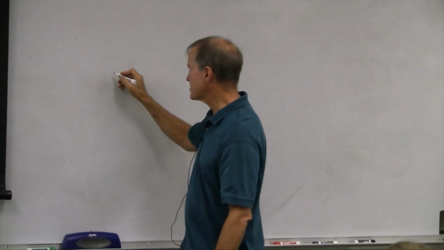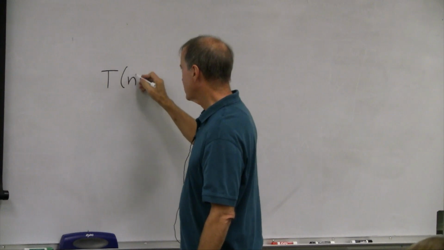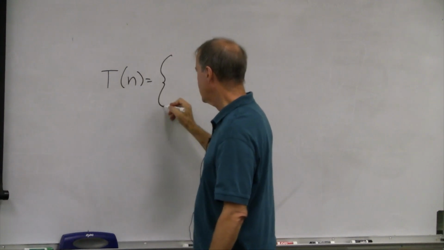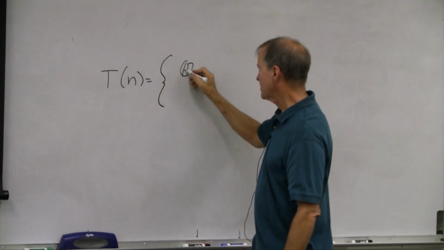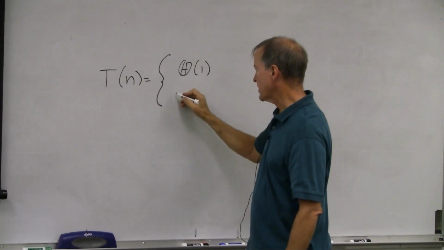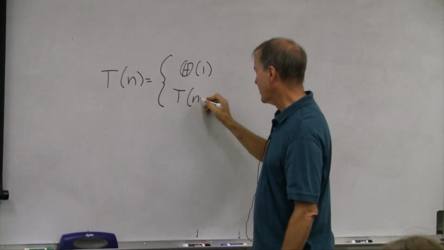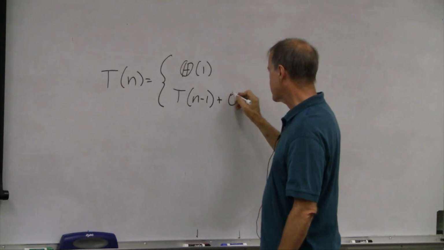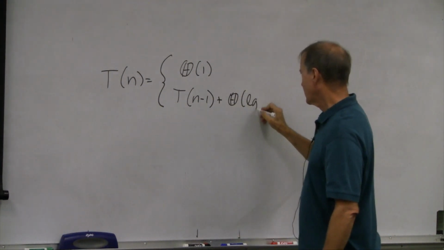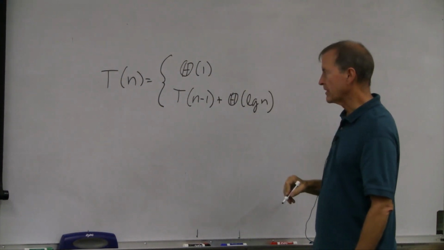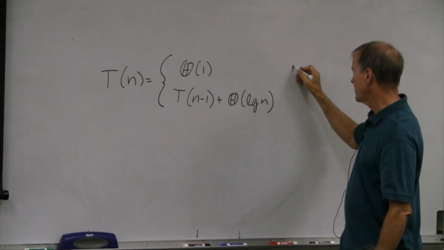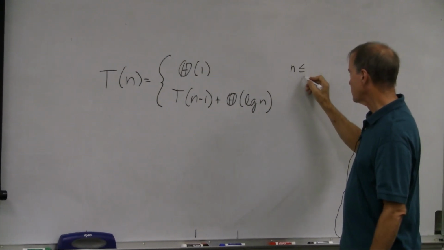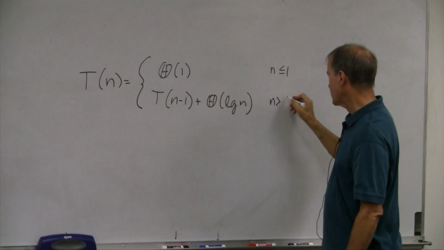And if you will recall, the recurrence for the heap sort was this. T of n is big theta of 1 in the base case, and it's T of n minus 1 plus big theta of log n in the other case. So this is for n less than or equal to 1, and this is for n greater than 1.